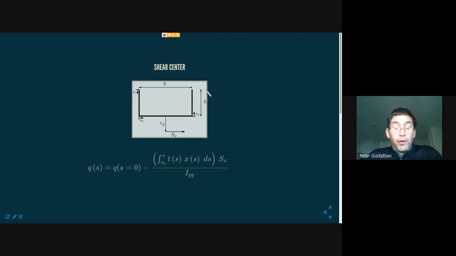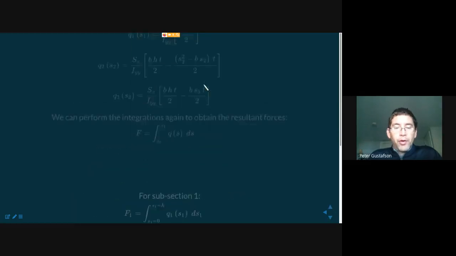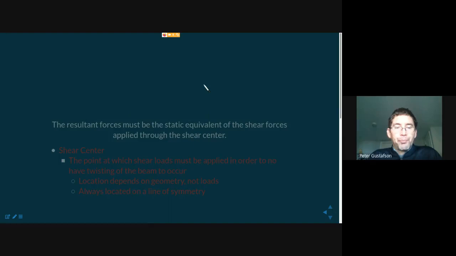Now, what we do is apply this concept of calculating the shear flows and then use the resulting shear flows to calculate the shear center. If you remember last time, I'll go down to the punchline here.